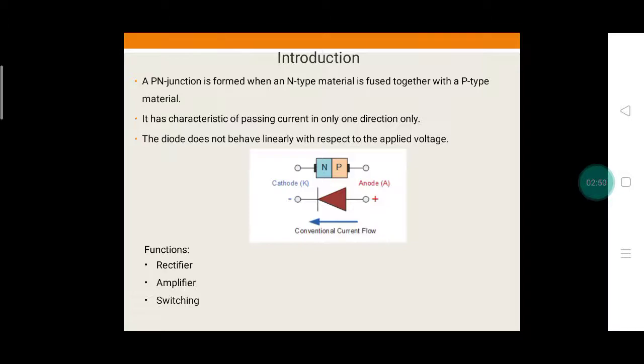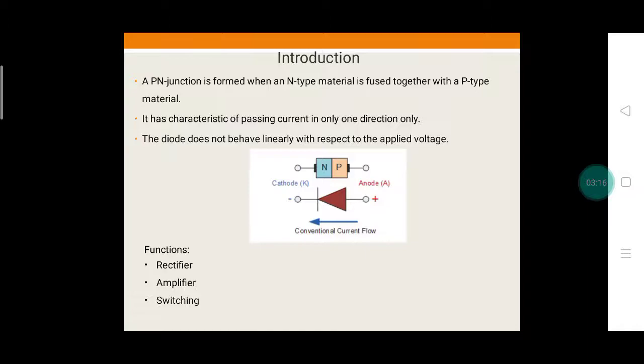The conduction band and valence band are at some distance from each other, and this distance is known as the forbidden energy gap, or barrier. This barrier is the minimum potential required for an electron to jump from one band to another so that conduction can take place.